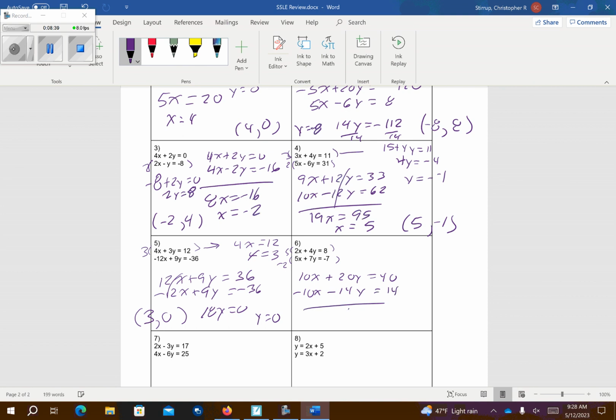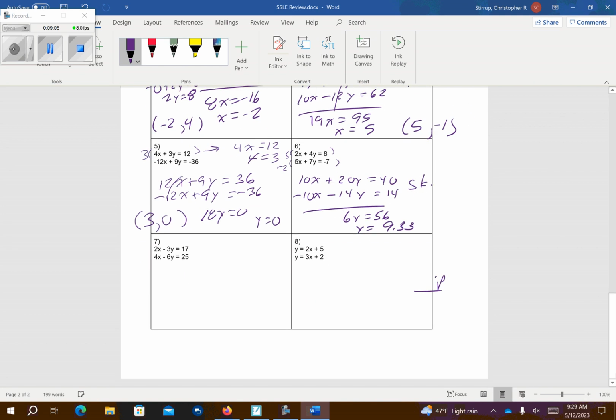So those are going to give me 6y equals 56. Divide each side by 6. That comes to a fraction. It comes out to like 9.33. I'd skip this one. They'll come out to whole numbers on the test.